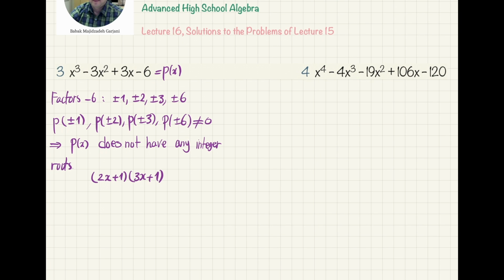The reason is that we had a theorem in the previous session that if S over T is a rational number such that P of S over T is equal to 0, then the numerator S should be a factor of the constant term minus 6, and the denominator T should be a factor of this coefficient, which is 1.